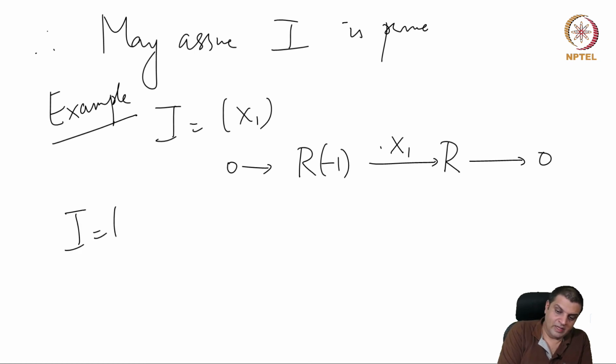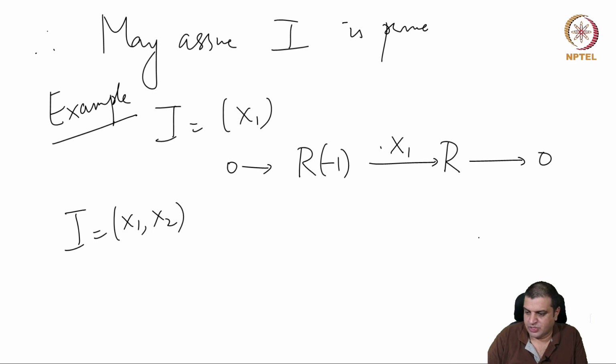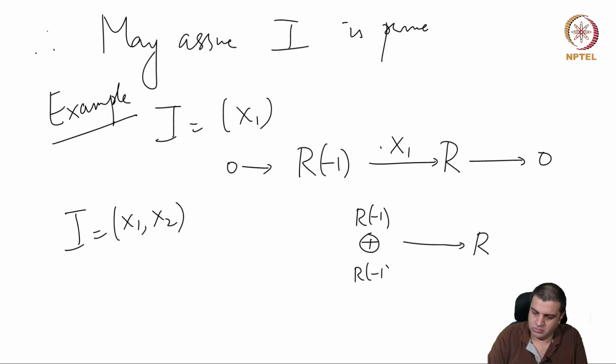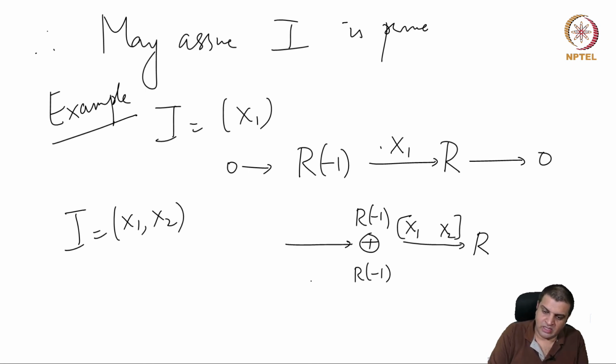If you have two variables, then the resolution is: this basis element is multiplied by x1 and this basis element is multiplied by x2. I'll explain the shift here.